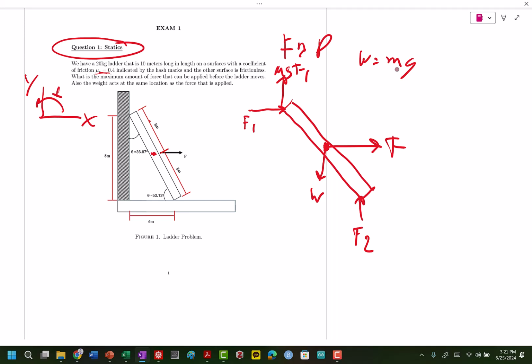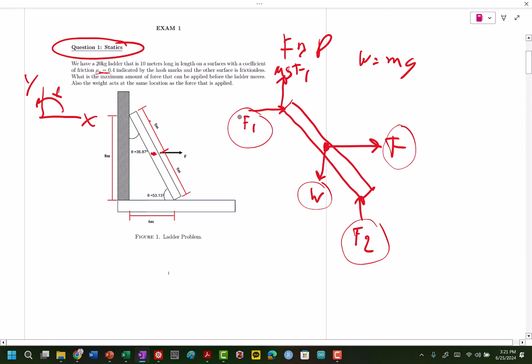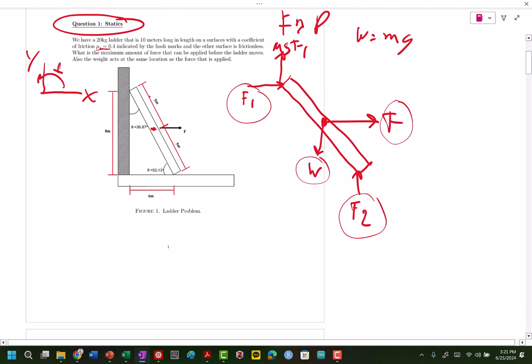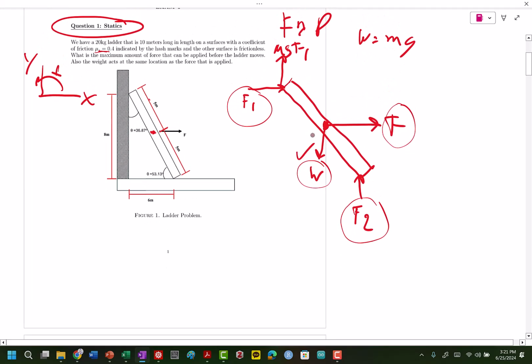So what do we have here? We know the weight. We don't know what this force here is, or this force here, or this force here either. So we're going to have to write out three equations for three unknowns. Let's do the sum of the forces in the x direction, which must be equal to 0, since it's static. That gives us F1 plus F, and that is it.